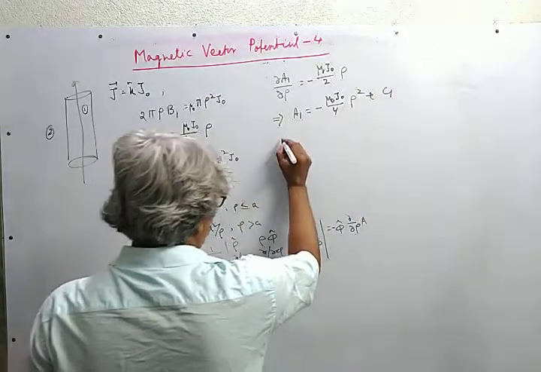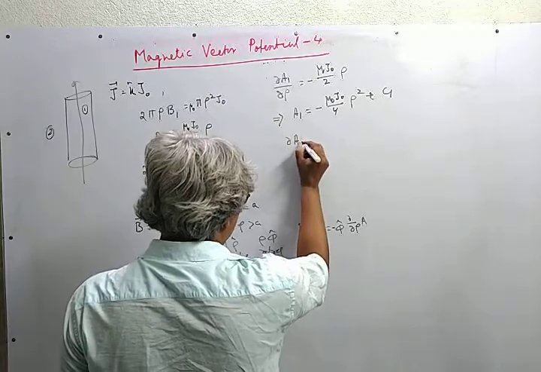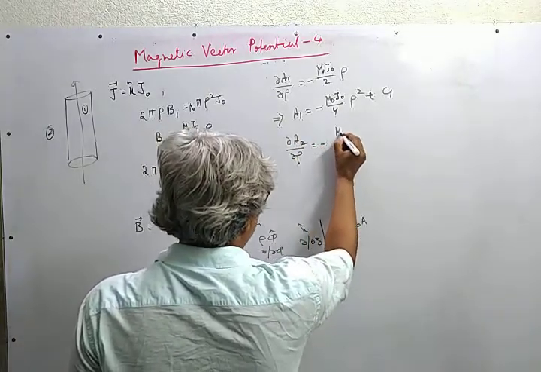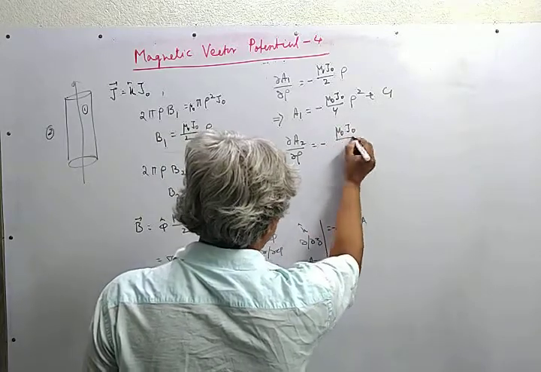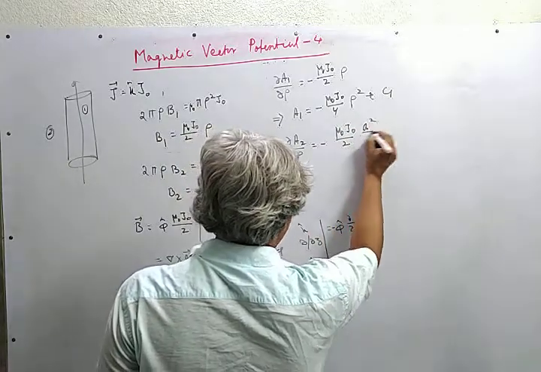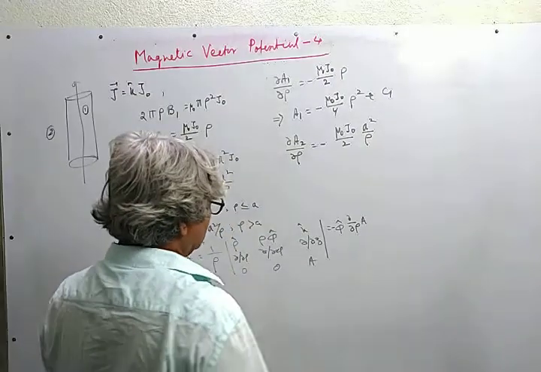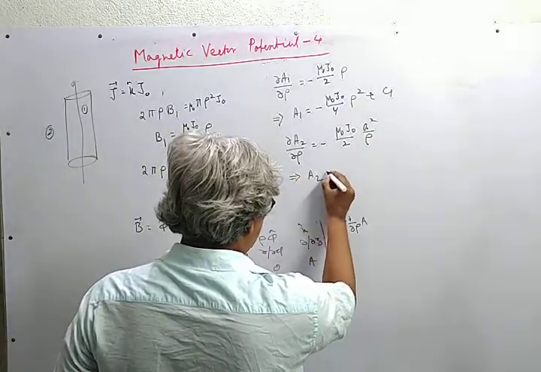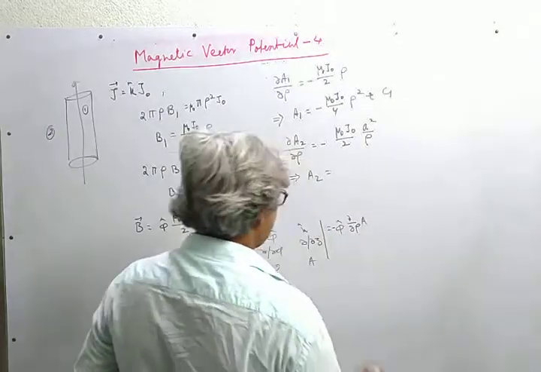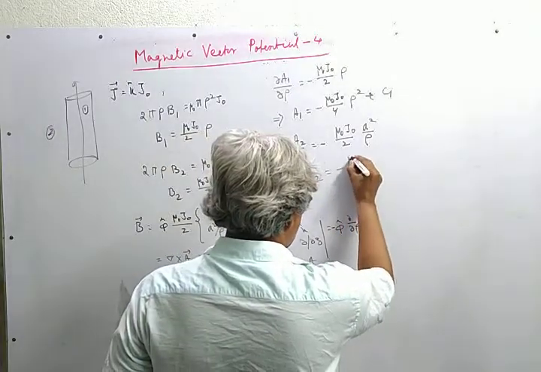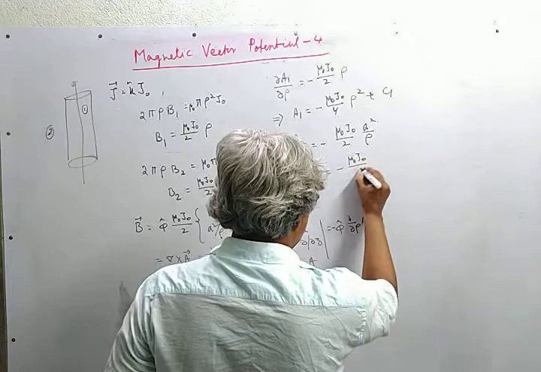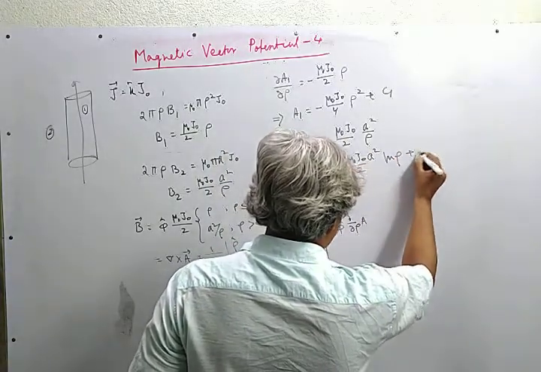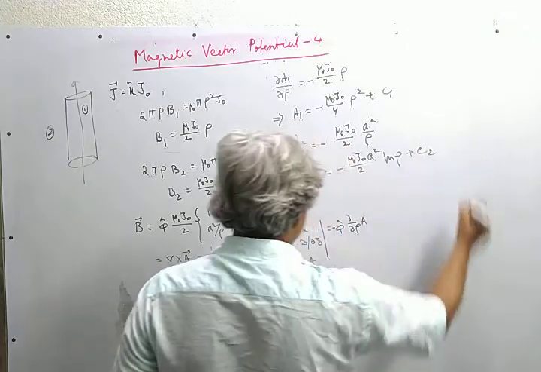And for the second point, the external point, we have A square by rho, and if we integrate it, we get A2 equal to a term in log rho plus C2.